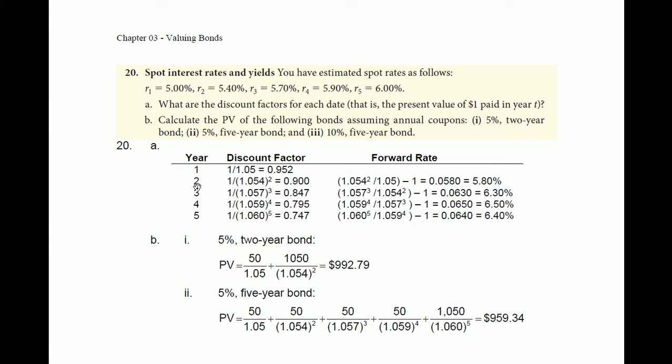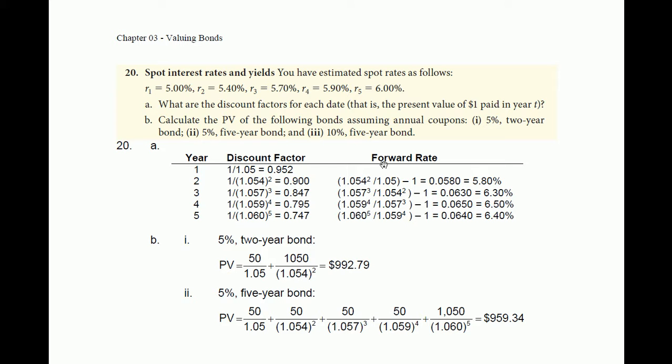If we are looking at year 2, the discount factor would be 1 over, using this as the discount interest rate, 1.054 squared. Year 3, using the similar argument. Year 4, similar calculation. Year 5, all the same.